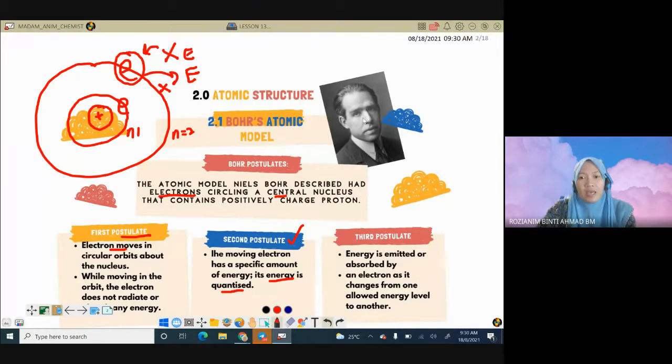And after that, postulate number 3: if the electron absorbs energy, it will promote to a higher energy level. The electron will transfer, or transit, or excite to the higher energy level. So from n equal to 1 for example, it will promote to a higher energy level, meaning a shell that is larger than the starting shell where it was.